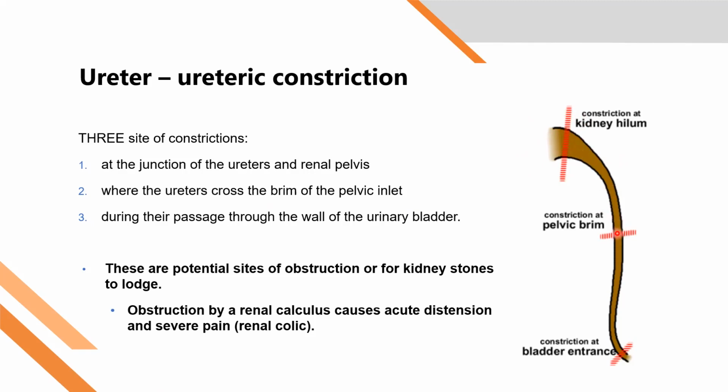Second is the constriction at the pelvic brim. Remember, the ureter will enter the pelvic cavity, and this is where the second constriction is located. And thirdly is the constriction at the bladder entrance. Remember, there is the intravesical part, so there is also one possible site for a kidney stone to lodge.